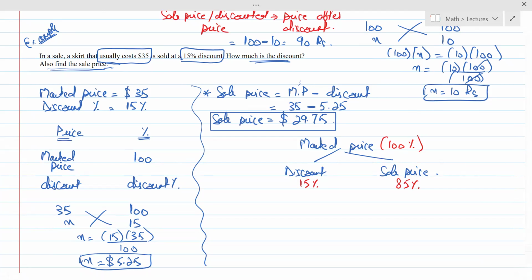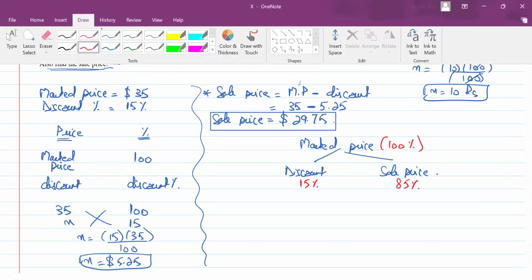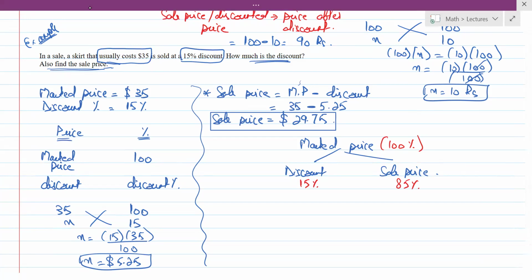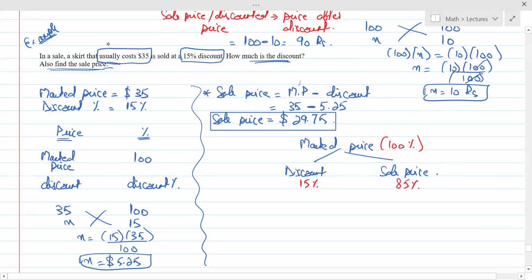So the second approach to be used here is the ratio method. Since the discount is having the 15% part, the sale price would be having the remainder of it, which is 85%. So to find this 85%, we can go for the ratio method, which is price against the percentage.